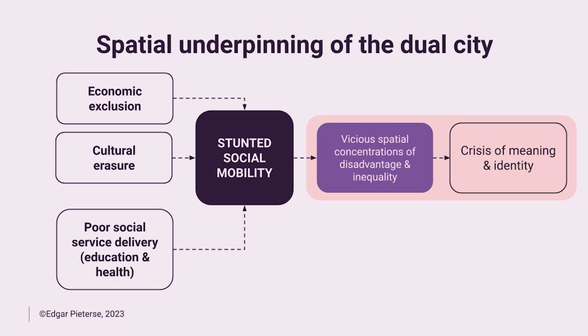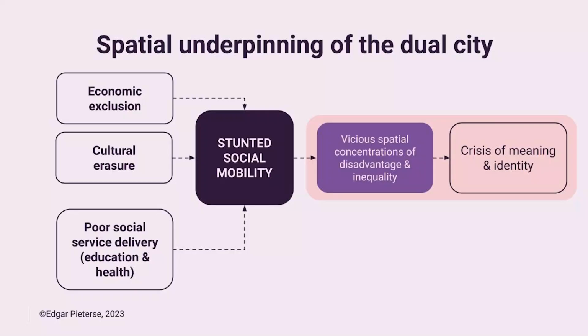There are many, many other examples of how people who live in working class communities are simply not seen, not validated, and not empowered to be their best selves. And it is that cultural erasure combined with economic exclusion and poor access to social development infrastructure that produces what we call stunted social mobility.